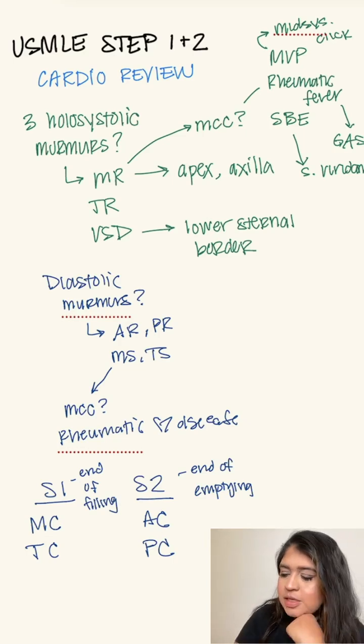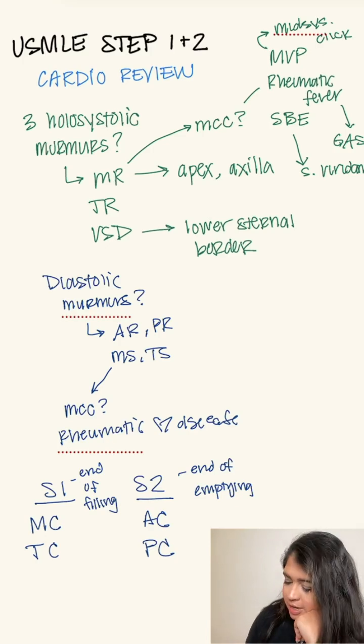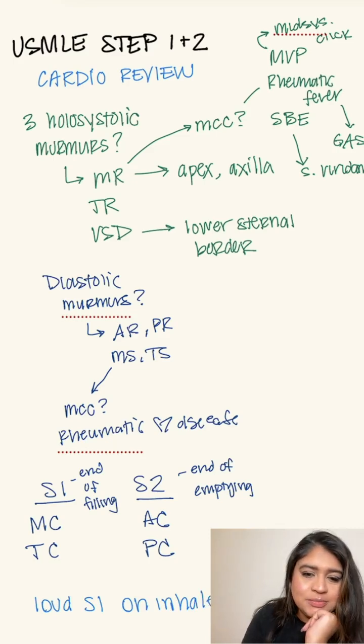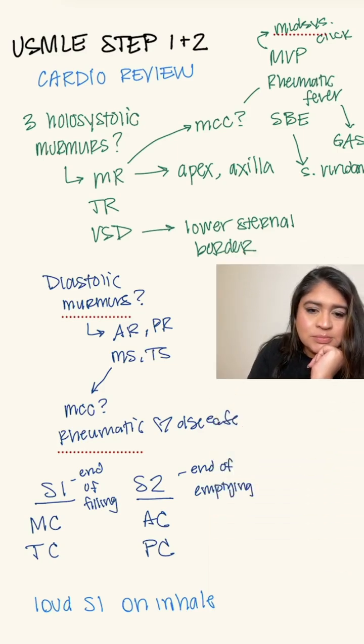So let's put it together. If you see a question that says that somebody has a loud S1 on inhale, how would you break that down? Loud S1 on inhale, what would be your answer?